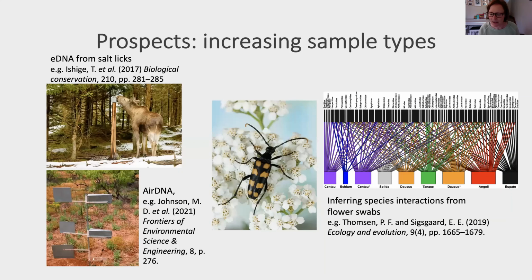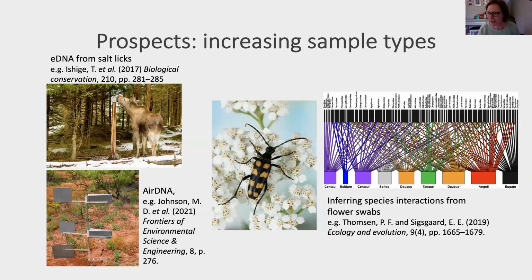And as well as the sequencing technologies, we're also getting better at the kind of material that we can sample. So you can get eDNA from air, for example, or there are projects that are using natural or artificial salt licks to monitor things like moose.